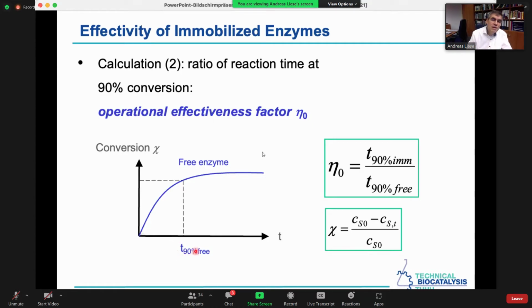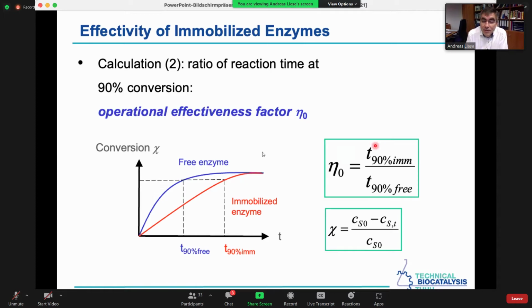And then you repeat the same batch with your immobilized enzyme. And you will see if you have diffusion limitation, any kind of limitation, you will need more time to reach 90% conversion. So it's almost double here in this principal plot. And now the operational effectiveness factor compares the time needed to reach 90% conversion with the immobilized biocatalyst preparation in relation to the free one.